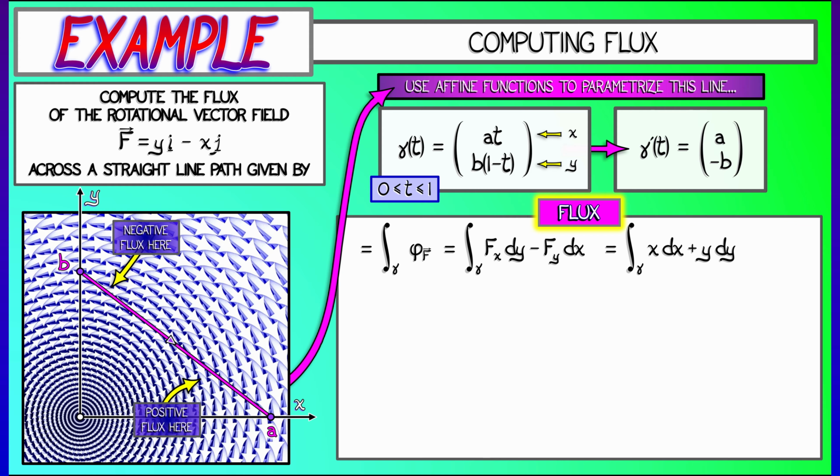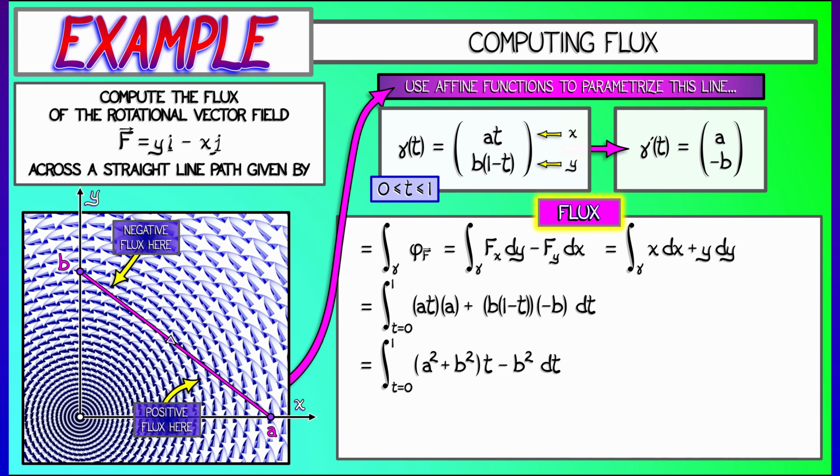Now what I want to do is substitute in at for x and b times quantity 1 minus t for y. Substituting in a for dx and then negative b for dy gives me the integral as t goes from 0 to 1 of at times a plus b times (1 minus t) times negative b.